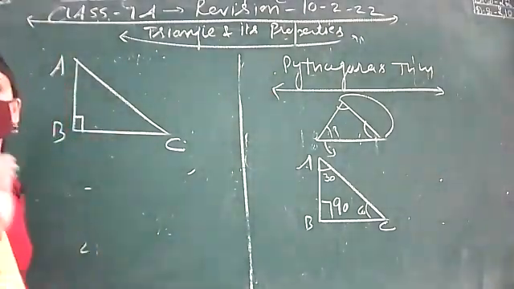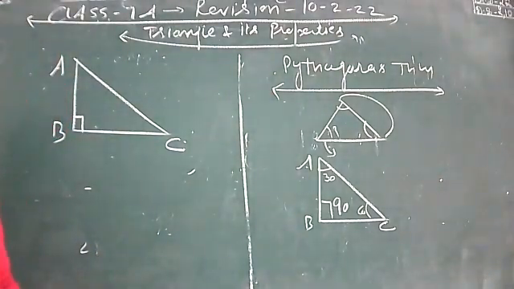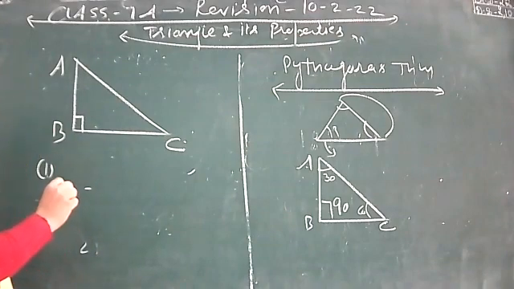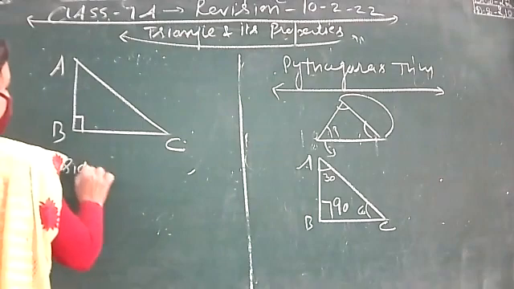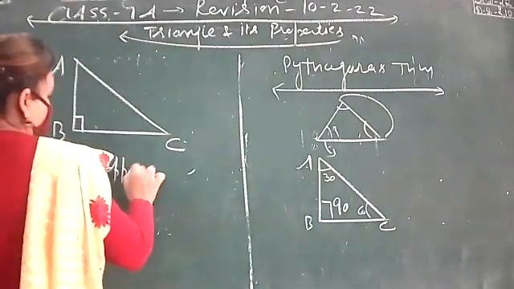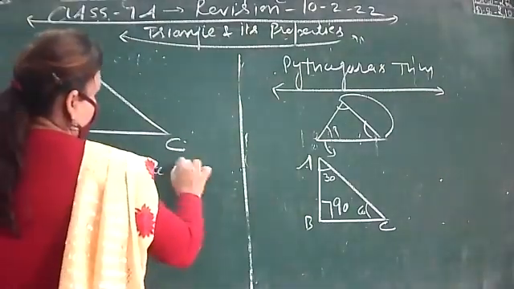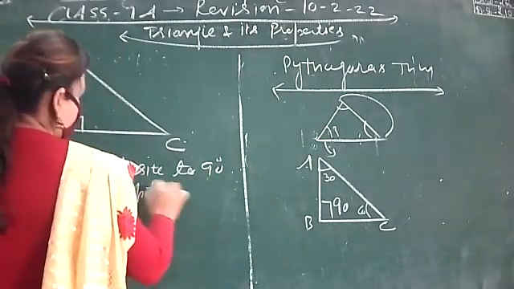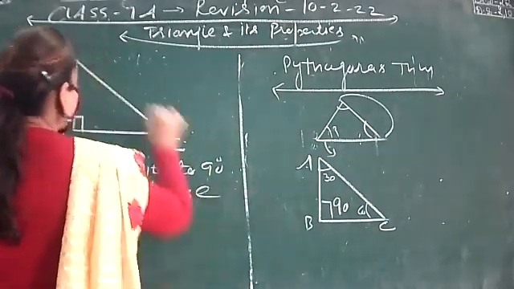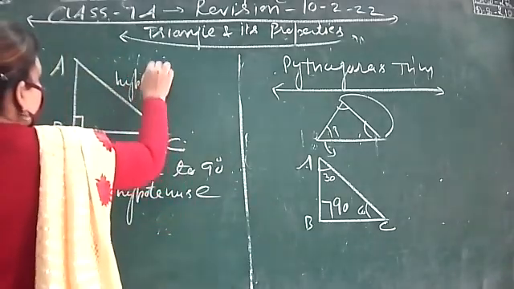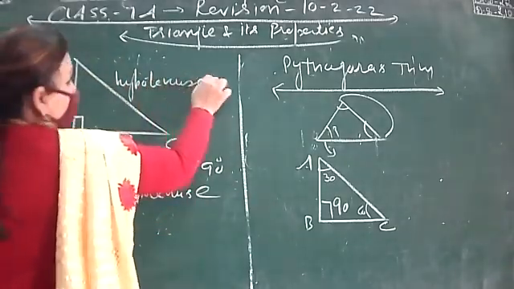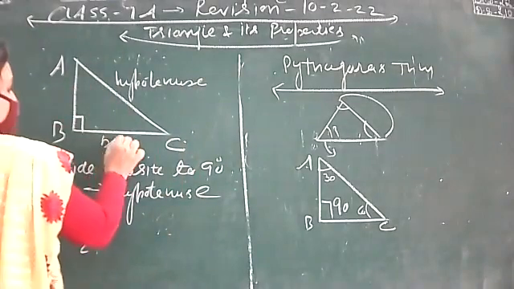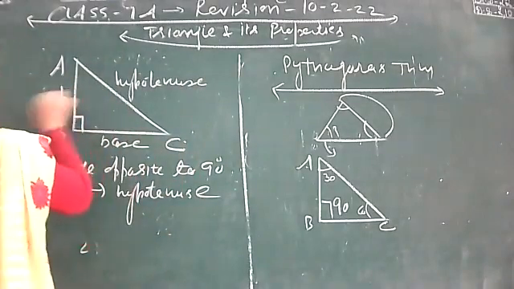Right angle triangle के बारे में, first of all, we will make some observations. Side opposite to 90 degree is known as hypotenuse. Always. And जो 90 के बीच में इन्वॉल्व है उनमें से एक बेस हो जाएगी, दूसरी perpendicular.